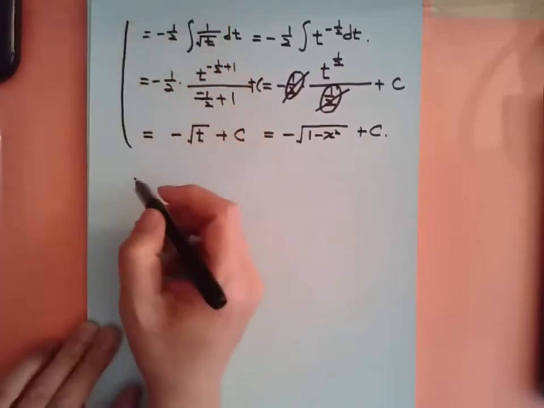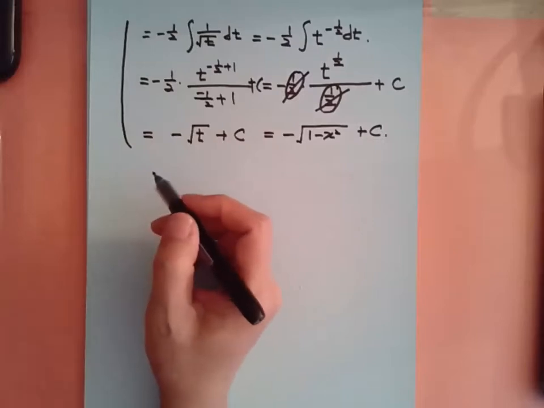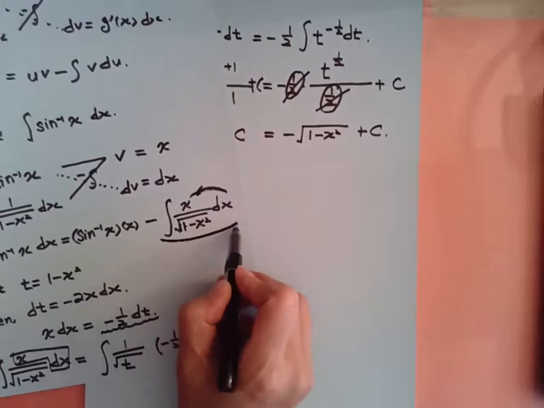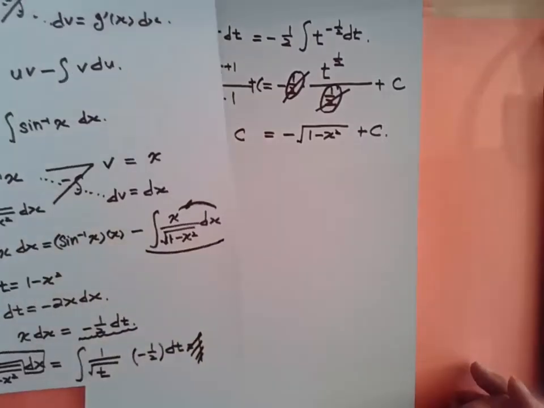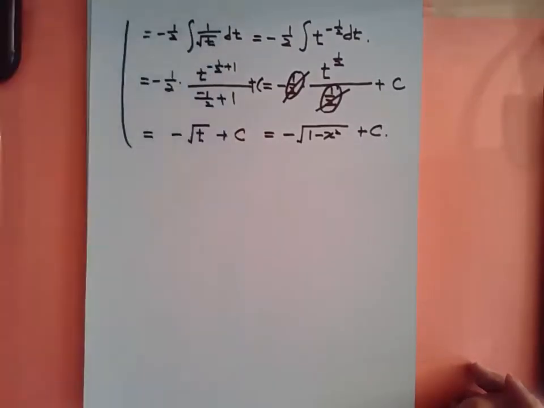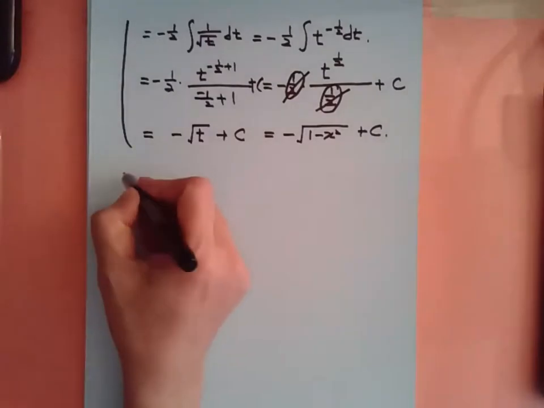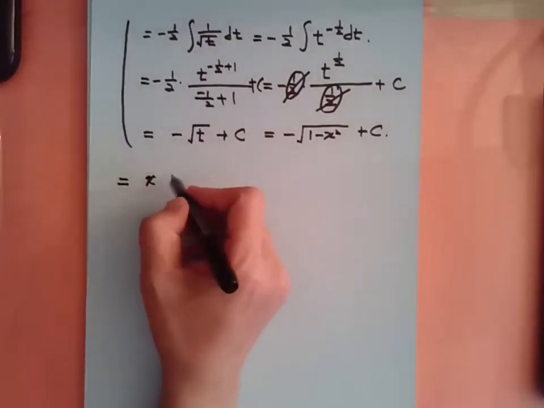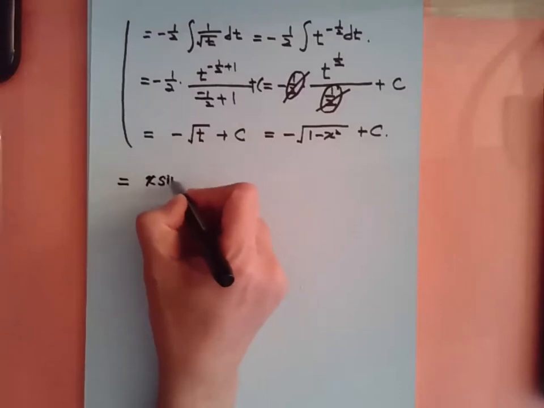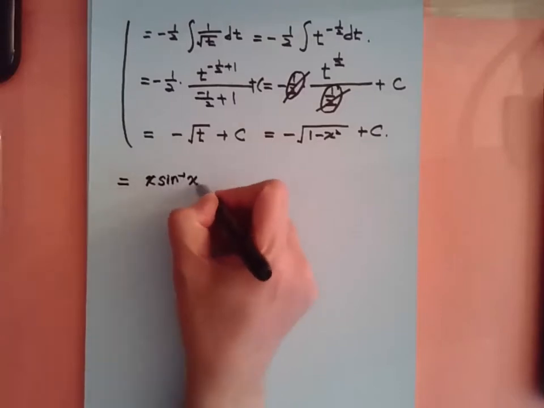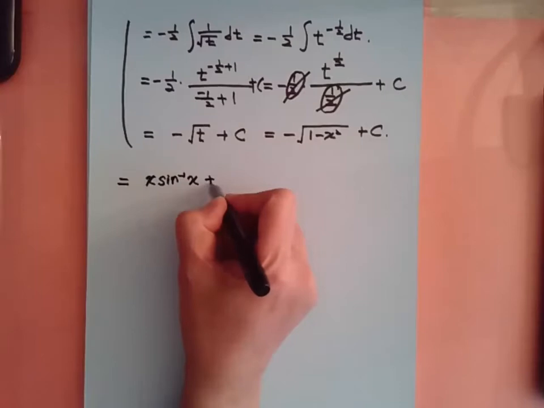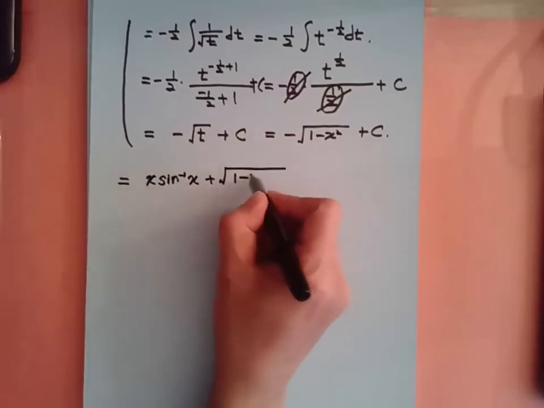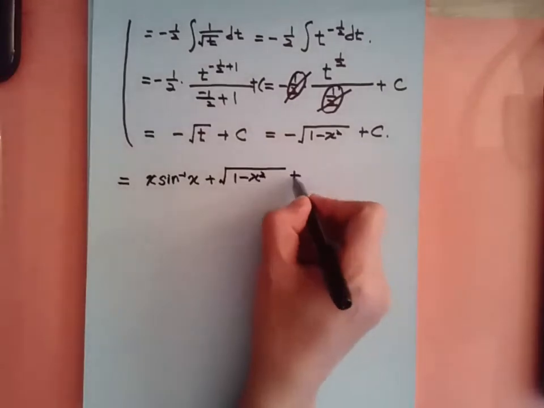So this part is about the integration of x over square root of 1 minus x squared dx. So we finally get the final answer: x times sine inverse of x plus square root of 1 minus x squared plus c.